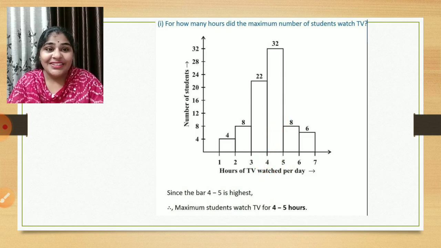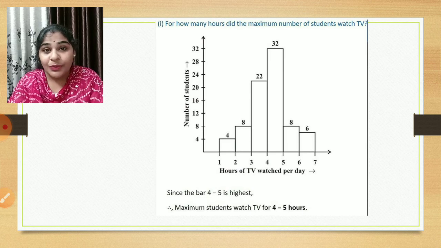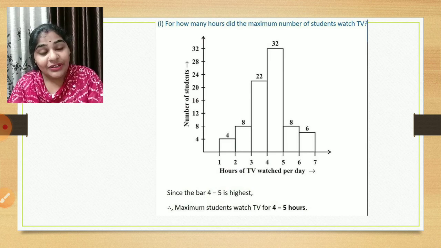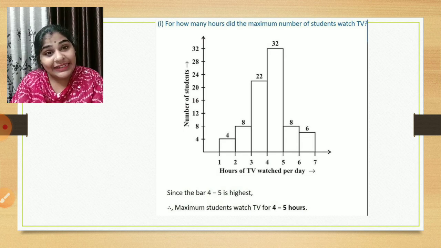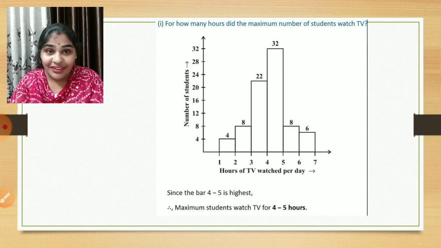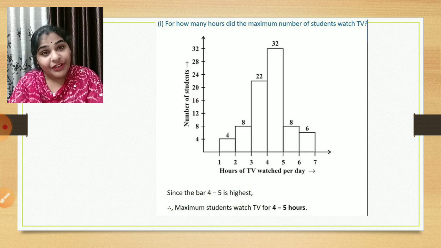So since the bar 4 to 5 is highest, maximum students watch TV for 4 to 5 hours. Now here you will not draw the histogram, children. It has been already given in the textbook. You have to just read and write the answers in the classwork. So the first answer is maximum students watch TV for 4 to 5 hours.